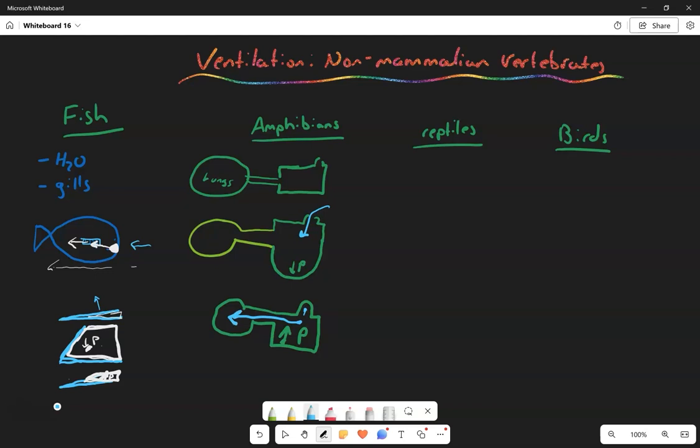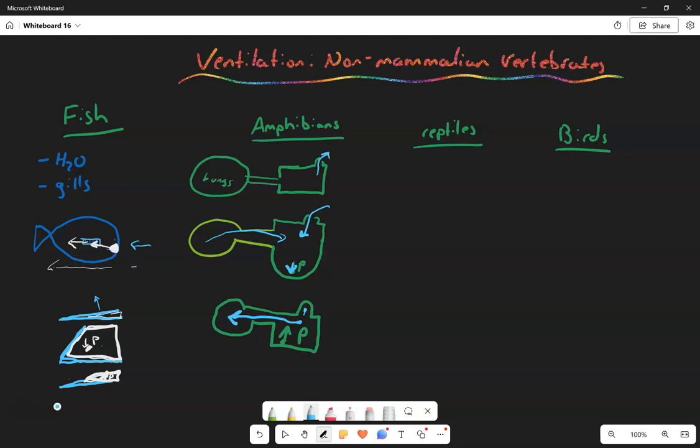So the way that you can do this is like you puff your cheeks out and pinch your nostrils and then slam your cheeks shut. You can actually feel that air rush into your respiratory cavity. And that's actually how frogs or amphibians ventilate their lungs. Now, in order to exhale, get the air back out, they'll lower this floor again to decrease pressure and bring air into here, and then they'll open up the nares and push it out.